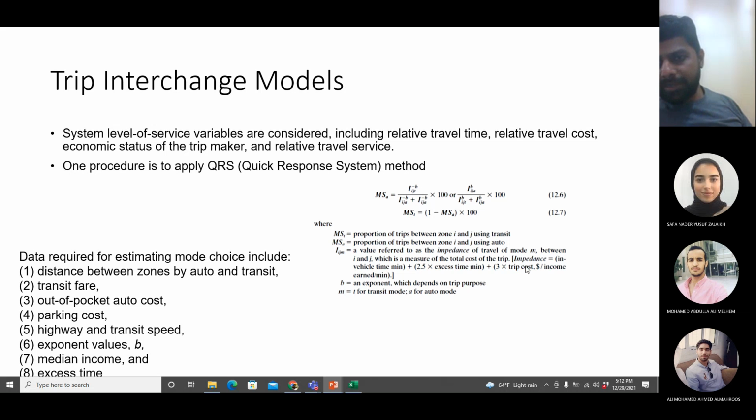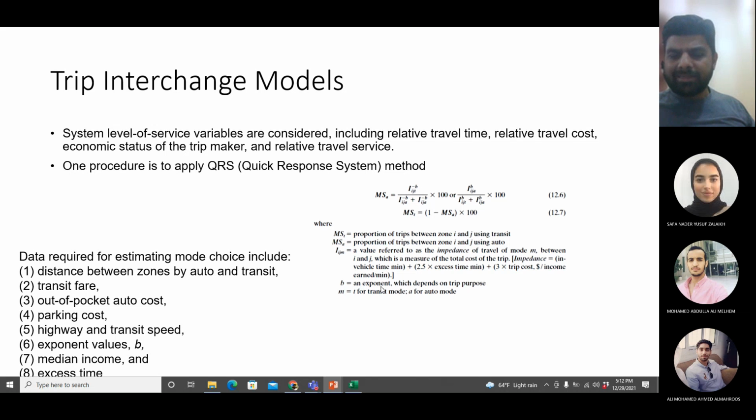So again, the impedance for bus is higher in that case. Impedance is basically the resistance factor for each mode, the things which will take you away from the mode. When this factor goes up, that means the impedance is getting higher.